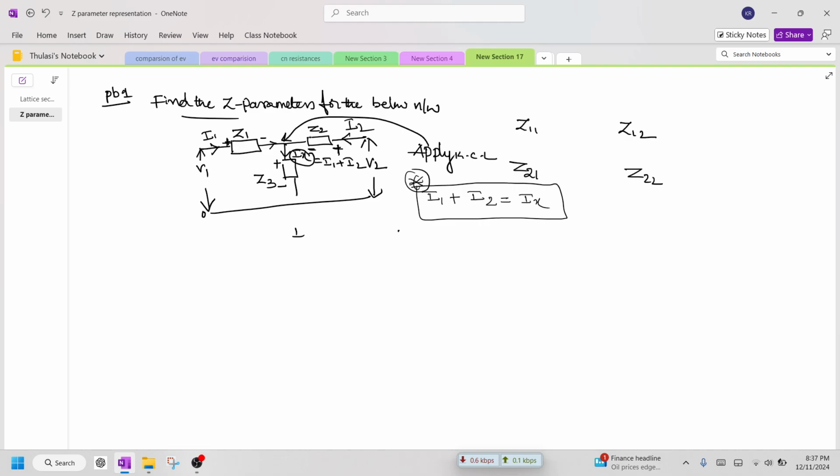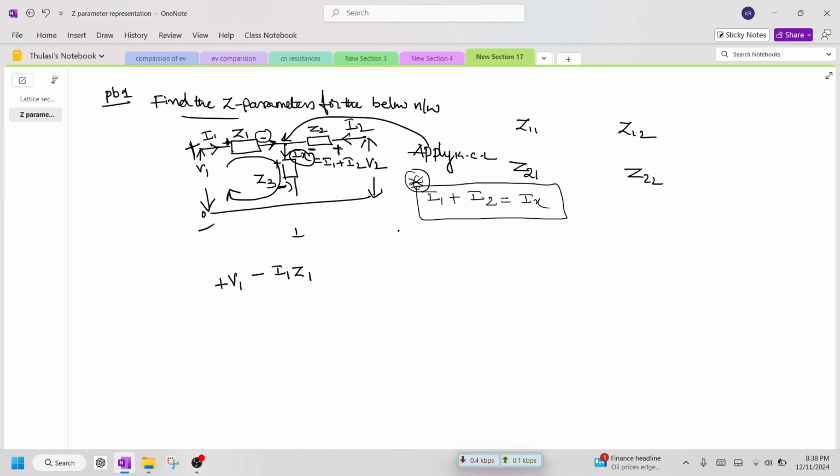Now apply KVL to the input loop or input port. The voltage at this point is plus V1, and the current is leaving. What is the drop created here? Minus I1 Z1, and the same current flows here.